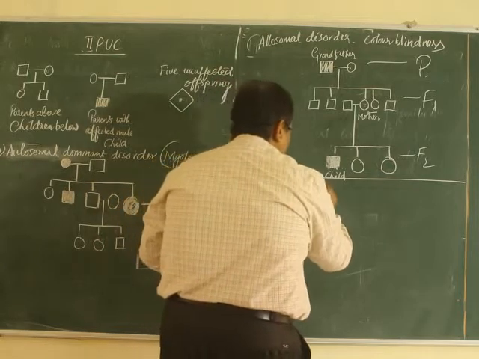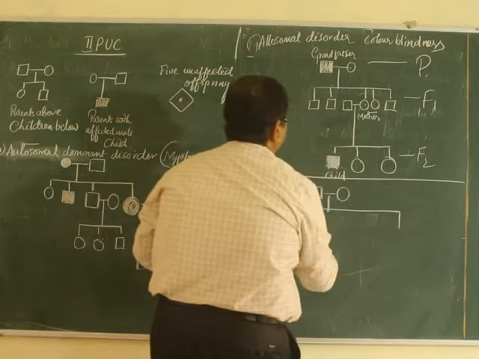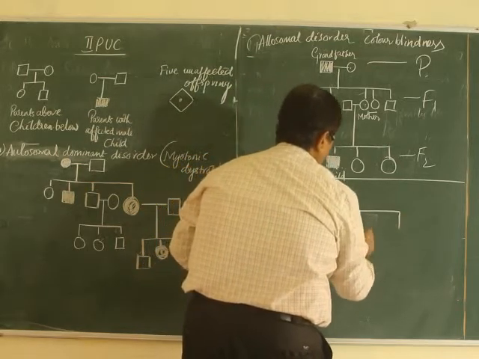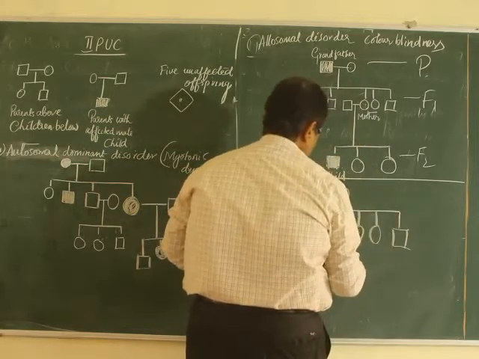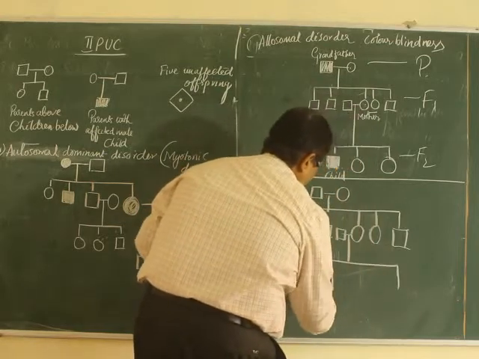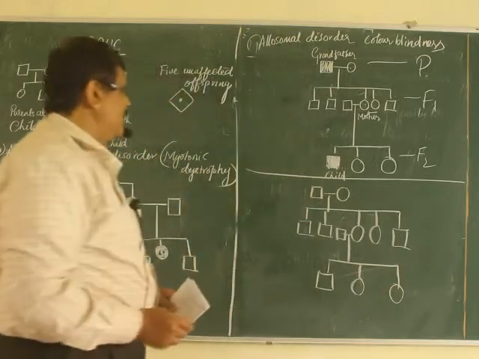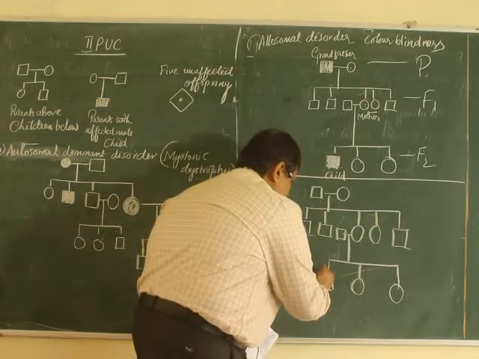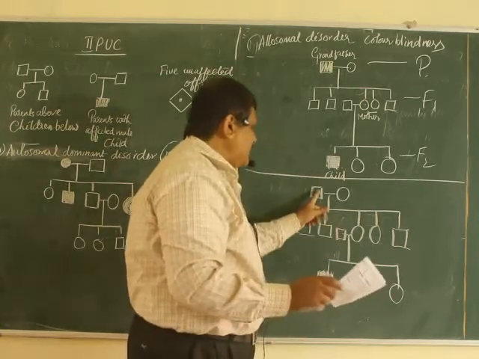On the other hand, I'll write the same. If it is like this, normal, diseased. Here the disease is not coming from the grandfather, we can't say, because he was normal.